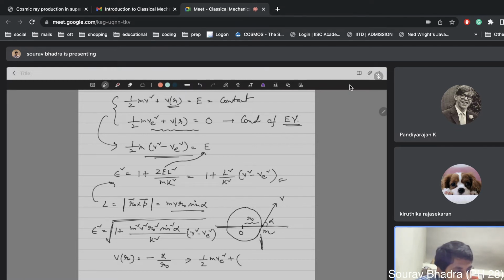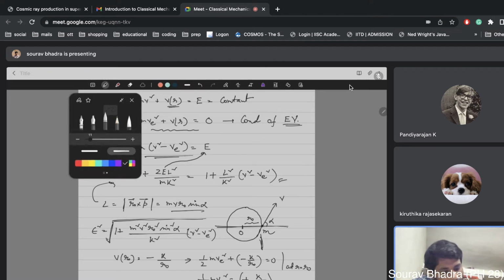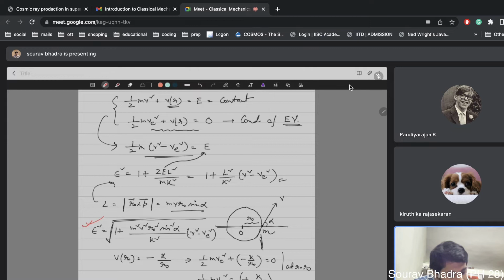So V(r) is minus k by r0, equal to 0 at r equals r0. So half m v square can be written as plus k by r0. We need this in our calculation of epsilon, the eccentricity, the expression of the escape velocity at that particular position r0.